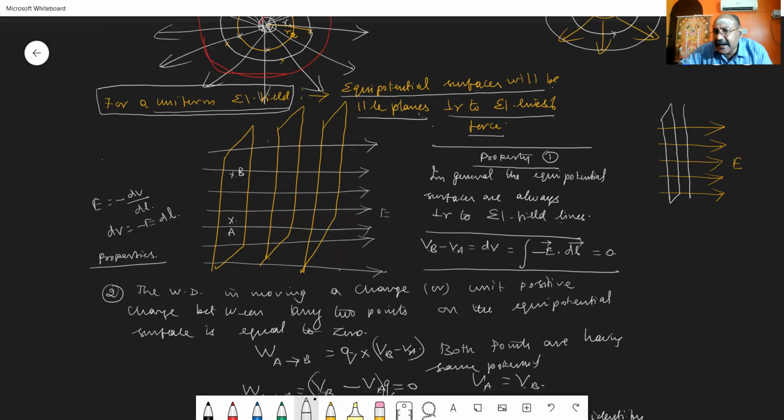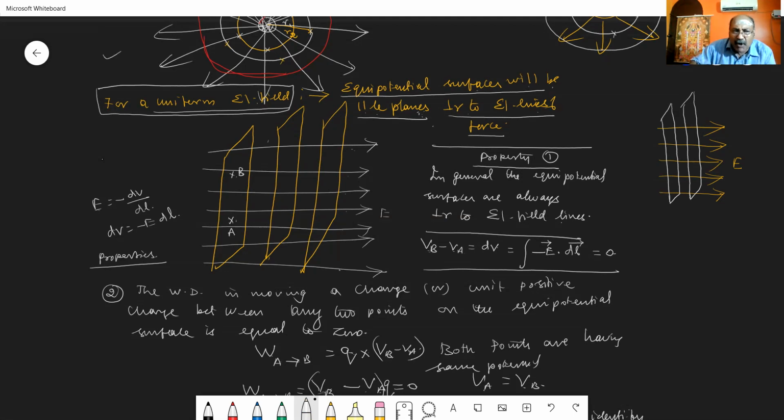And if you consider more equipotential surfaces, the surfaces are parallel to each other. So in case of a uniform electric field, the equipotential surfaces will be parallel planes, and these equipotential surfaces are perpendicular to the electric lines of force.